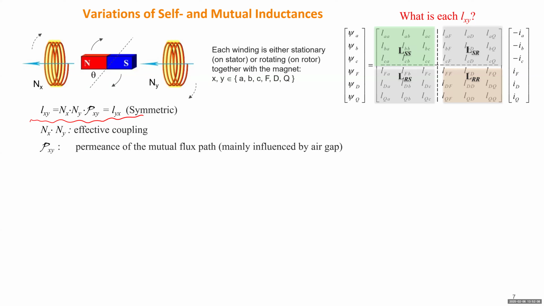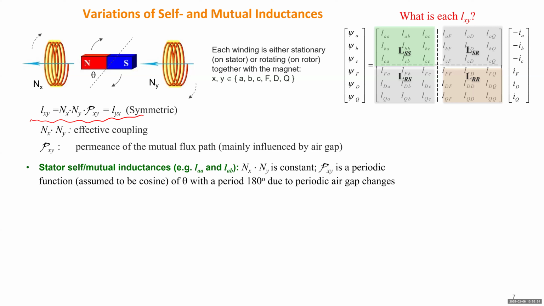Permeance is similar to the conductance of an electric circuit, where 1 over resistance is called the conductance, which evaluates how easily current can flow. In the magnetic circuit we have the similar concept called permeance. If the two windings are connected by completely magnetic material, the permeance is very large. But if there is a huge air gap between the two windings, or it's completely air, the permeance will be small. So permeance changes with the air gap: the bigger the air gap, the smaller the permeance.